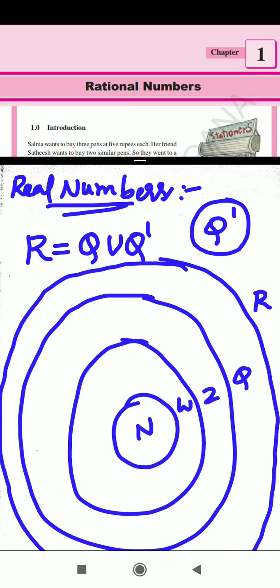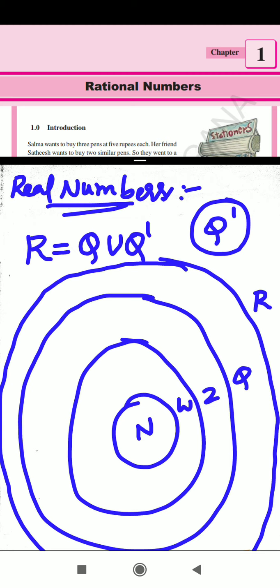Only if we test that number using some laws can we decide whether the number x, the variable, is rational or irrational.